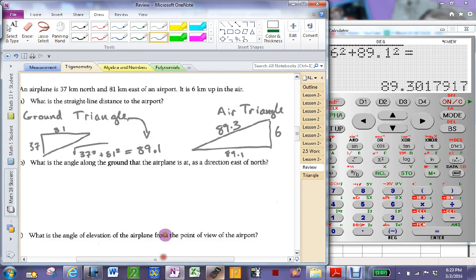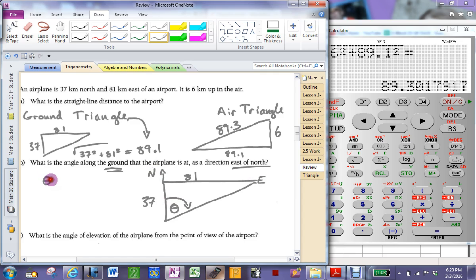Now, what is the angle along the ground? So I need this triangle with 37 and 81. And I need it east of north. Well, north goes straight up. East comes out here. So I need this angle. So my theta is x, because I don't know.